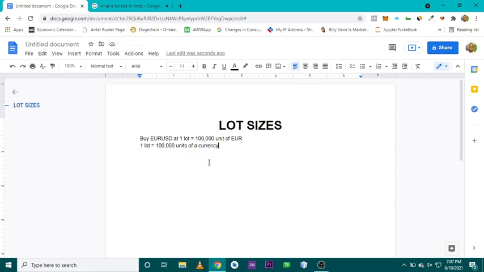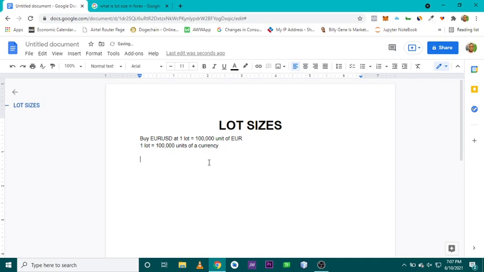Whenever we have a specific lot size, we will be able to know how much we are going to gain or lose per pip, if price is moving in our favor or against us, because each lot size has a particular amount of money that it increases by every movement in the market.